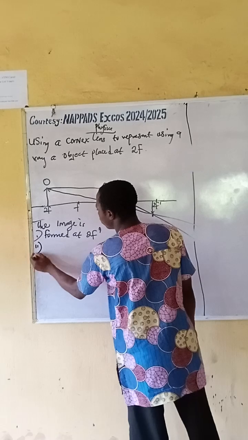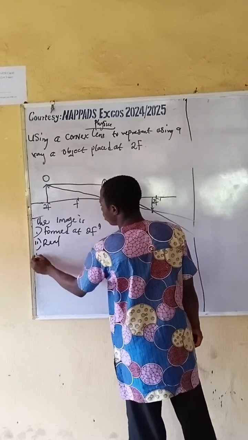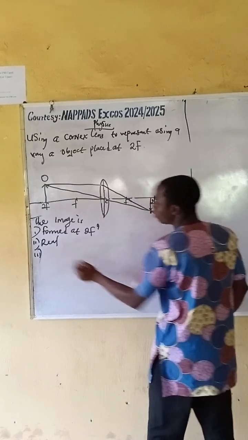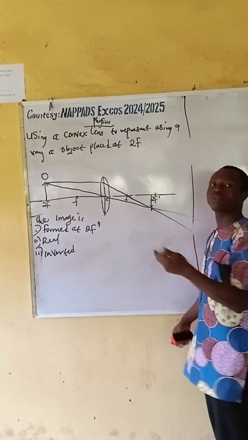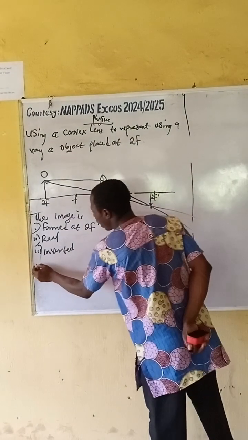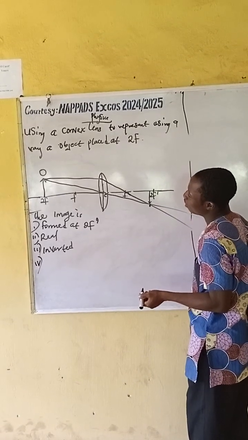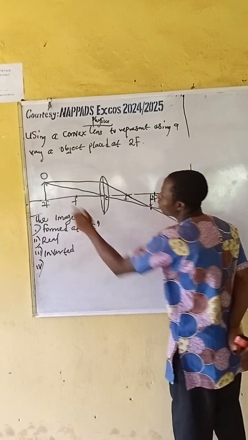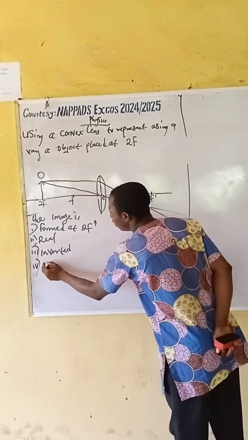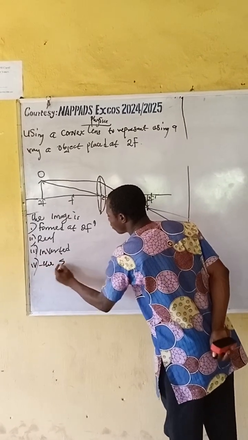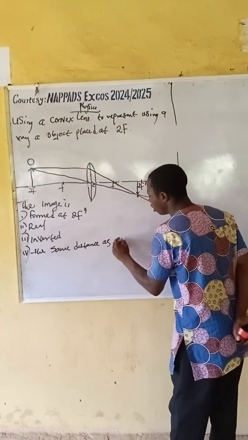Two: the image is real. Three: the image is inverted, that is upside down. Four: the image has the same distance as the object. From here to here, the object, and from here to here, they have the same distance. The image is the same distance as the object.